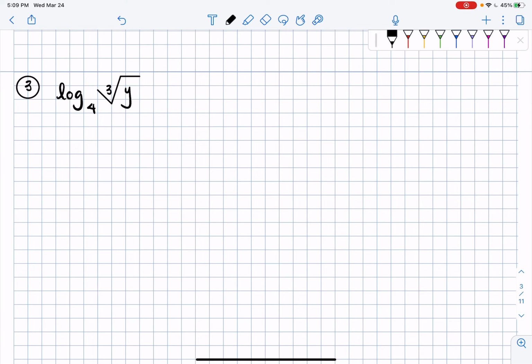What is this? Well, I can write a cube root of y as a power. So I could actually write this as log base 4 of y raised to the 1/3 power. Since it's to the 1/3 power, the power is on top and the root is on the bottom.